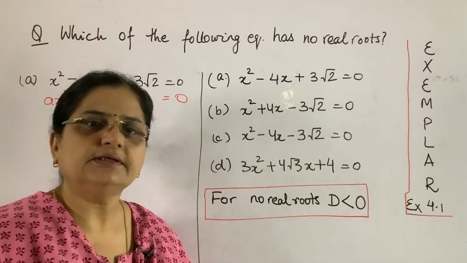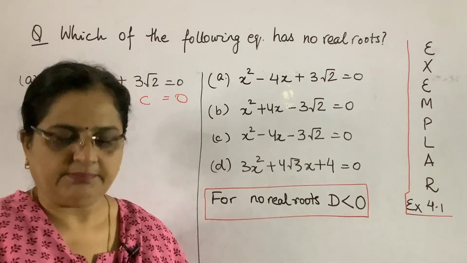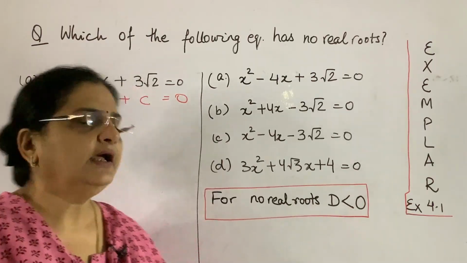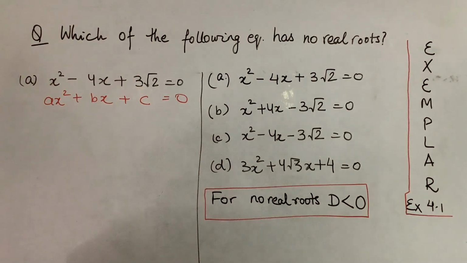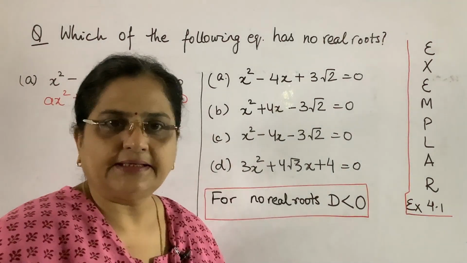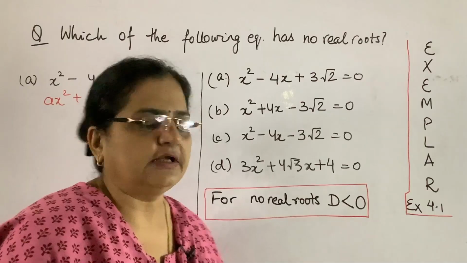Now what is discriminant? Discriminant is b square minus 4ac. So we will calculate b square minus 4ac, and for whichever equation it comes out to be less than 0, that equation will be the right answer. तो हमें क्या करना है? We have to calculate d, that is b square minus 4ac.